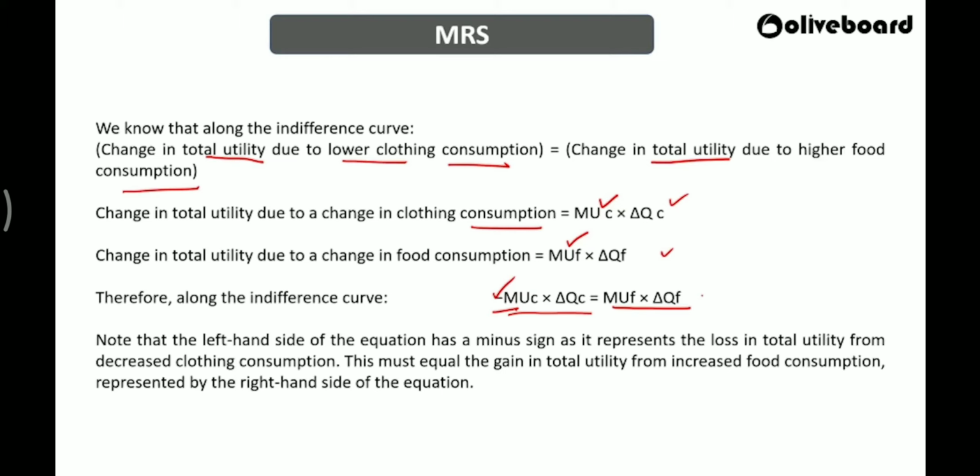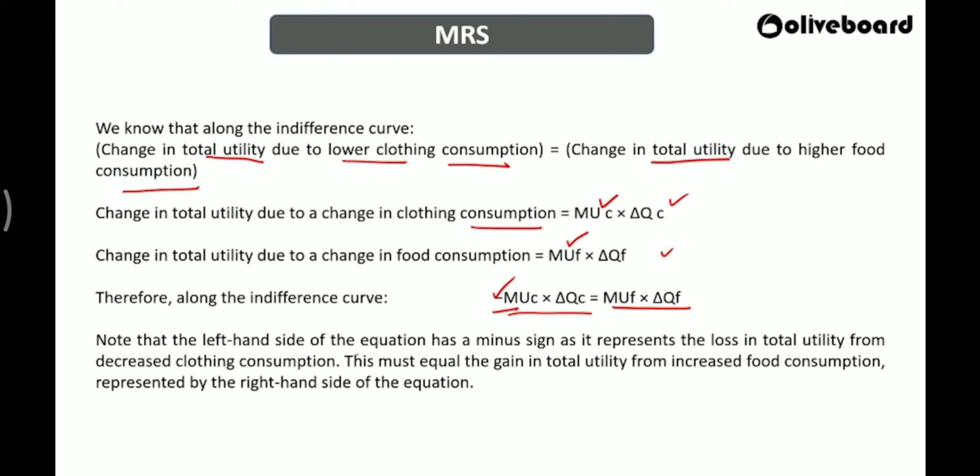So the satisfaction you are going to lose by giving away clothing, 2 units you gave away, 1 unit you gave away, of clothing. So you are losing. That is why we put what? Minus sign. So the loss of satisfaction from giving away clothing will be equal to the gain of satisfaction which we got from adding one more unit of food.